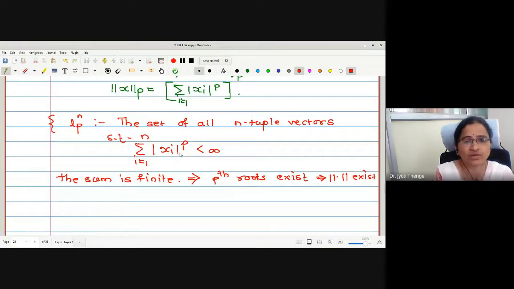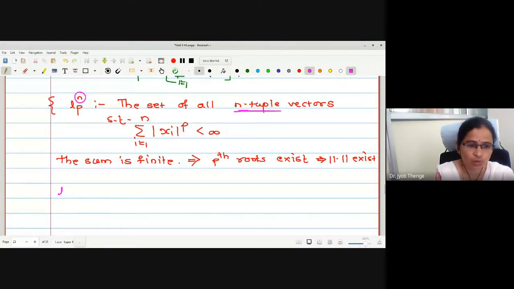Whatever this n is that we have used here, it is the number of entries in the n-tuple vectors. That's why the summation runs from i equals 1 to n. If I write only LP spaces, which I think you might have studied, there is no restriction on the number of coordinates.